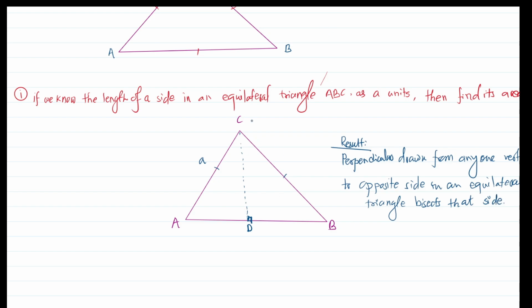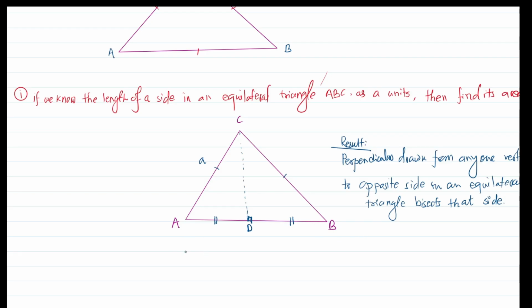It means from vertex C, a perpendicular has been drawn on the opposite side, that is AB, and if this is perpendicular, then it will bisect this AB segment in equal parts. That means AD is equal to DB.